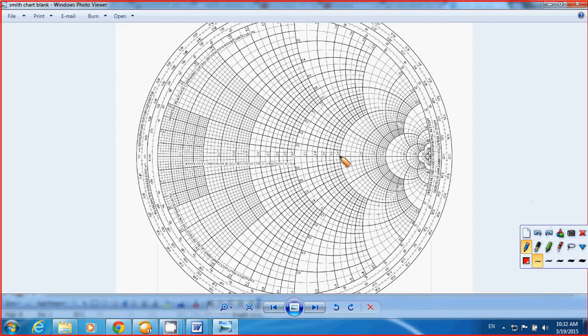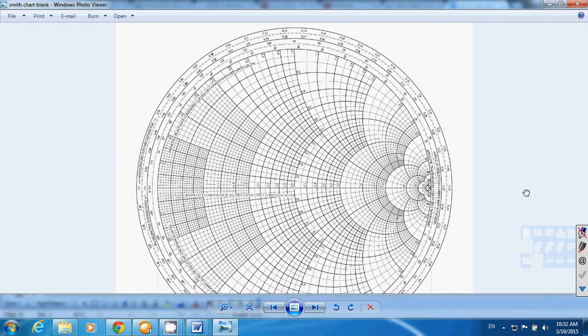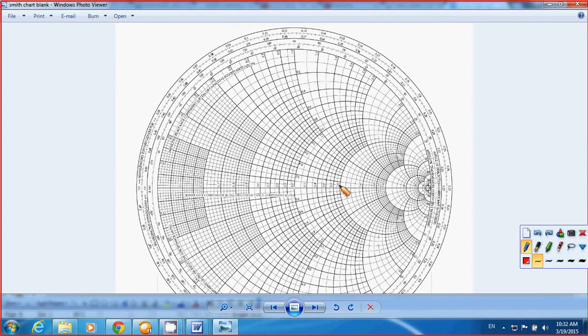You have 2 plus J. This is 2, and where is J? This is not clear. Okay, this one is better. This is 2, and then X equal to 1. This is your line 1. So this is your ZL normalized.